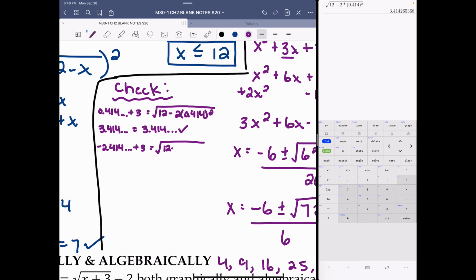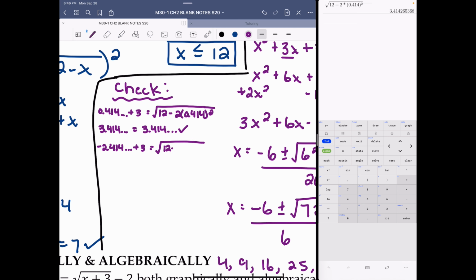And then the right side, root of 12 minus 2 times (negative 2.414) squared, enter, 0.5875. So yes, those are very close. We'll call them the same.